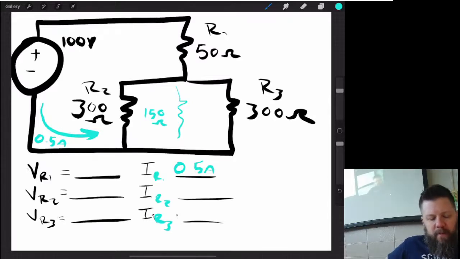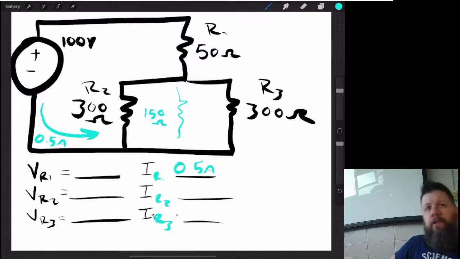So how can I do the math to make sure I know what those are? I'll use that 150 ohm resistor. I can use that ghost resistor.